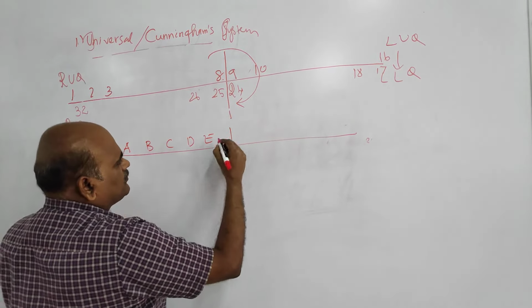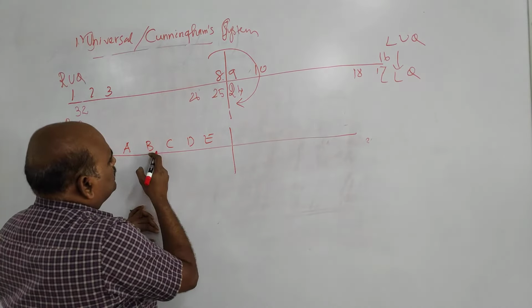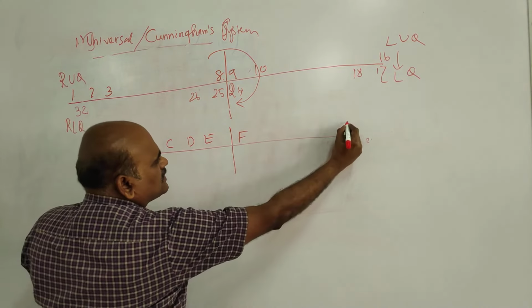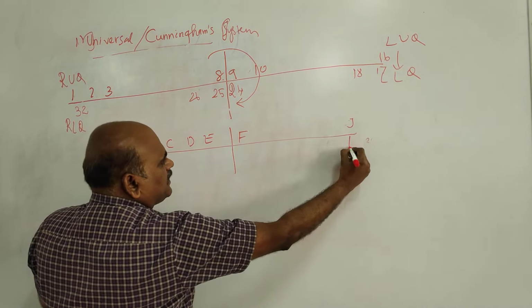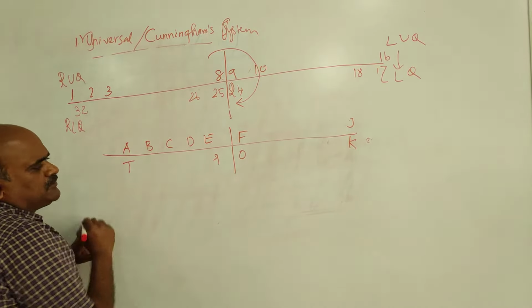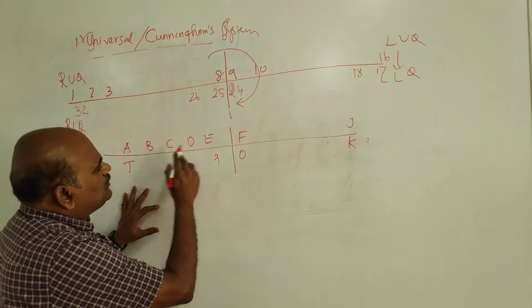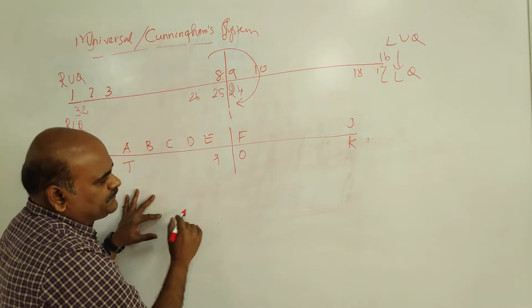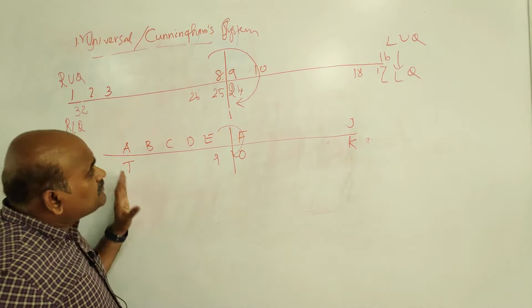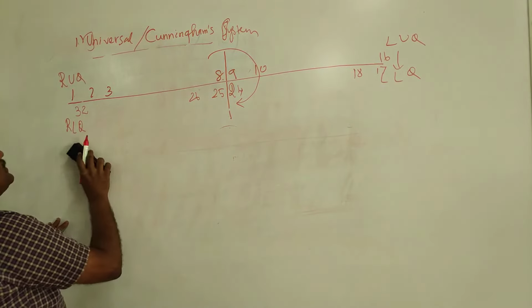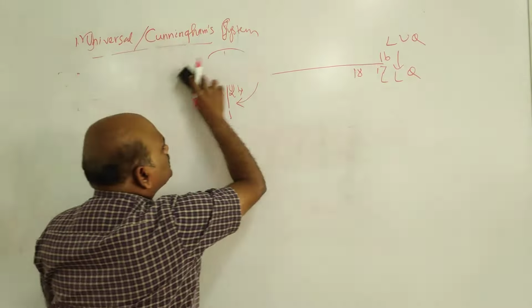Again, the same direction: second molar, first molar, canine, lateral and central incisors, then F, G, H, I, J, then K, L, M, N, O, then P, Q, R, S up to T. So A to T are given for the temporary teeth, again in the clockwise fashion. This is the universal system or Cunningham's system.